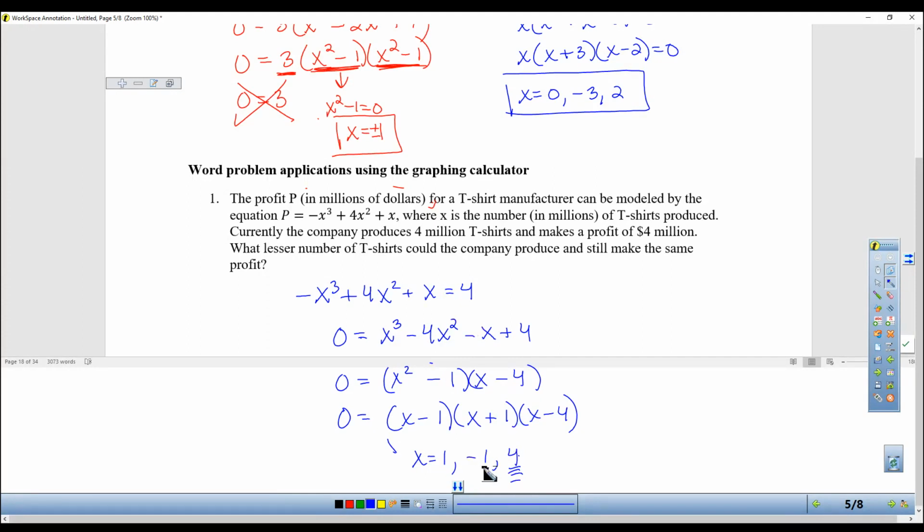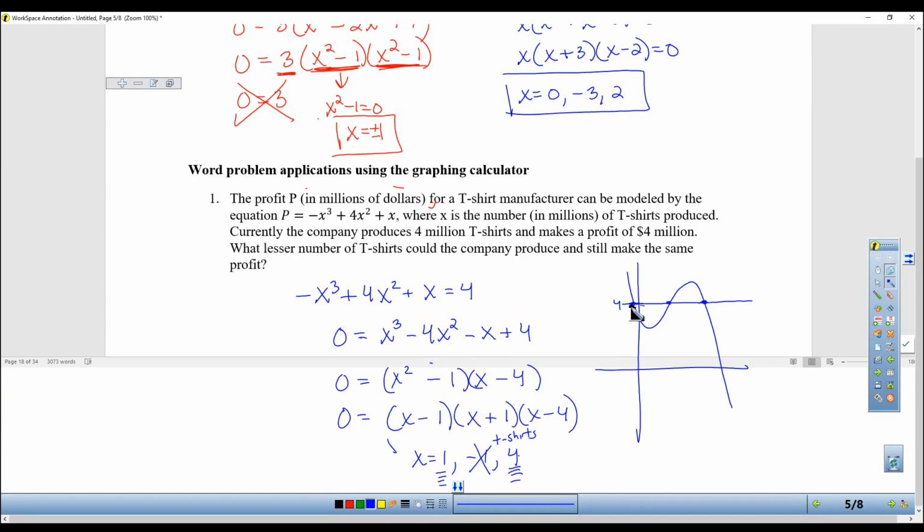But they could do, hold on, could they do negative t-shirts? No, these are t-shirts. They can't do negative. But they could do 1 million t-shirts. And this is what happens with companies, is that they have this cubic equation and they're saying, look, our goal is $4 million. And there's going to be more than one way to reach that goal.